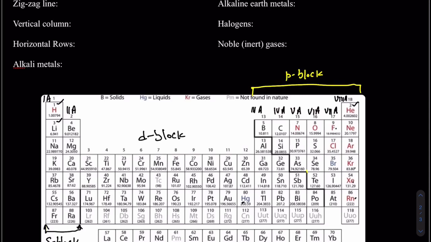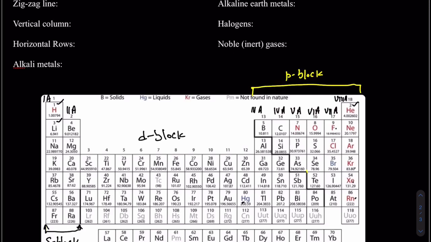Now, every single element in the periodic table has its unique symbol. For example, hydrogen has a symbol of H. Usually, it's the very first letter that gives the symbol of an element. But obviously there are only 26 letters in the English alphabet and we have more than 100 elements, so we may have to use another letter to identify some of the elements.